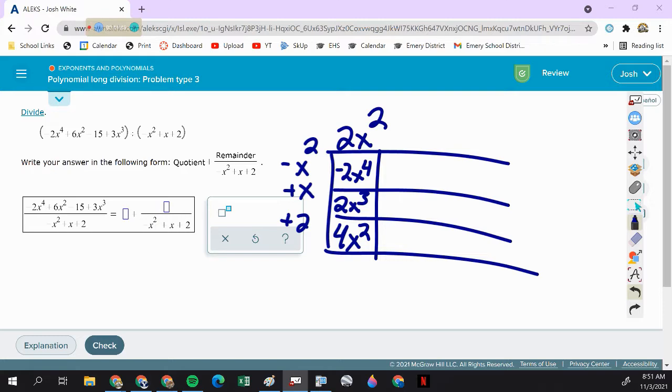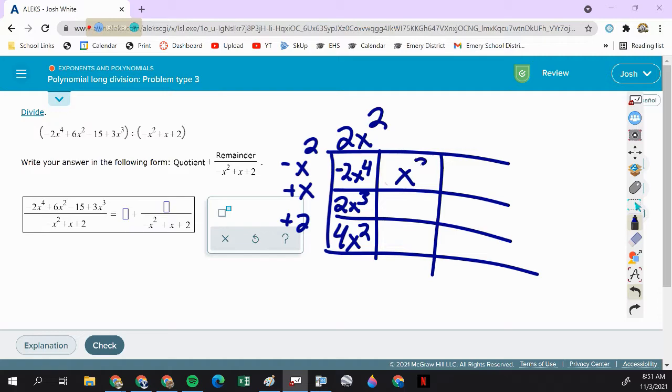Add a column. What's going to go here? No. X cubed. I have 2x cubed. I need to reach 3x cubed. So I need an additional x to the third.